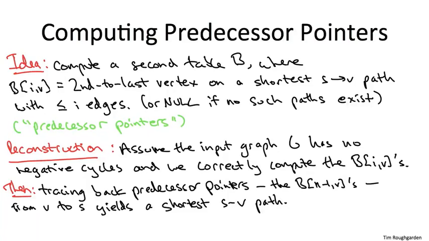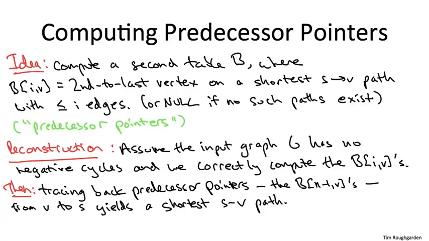Therefore, shortest paths have at most n-1 edges. Therefore, the B_{n-1,v}'s actually store in them the final hop of a shortest path, period, with no edge budget from s to v. So in the B_{n-1,v}'s, the final batch of predecessor pointers, if we correctly compute them, they are telling us the last hop on a shortest path to v.